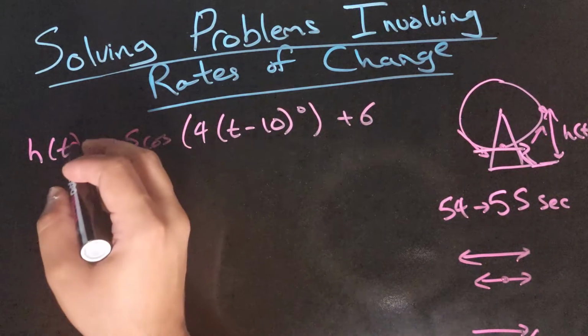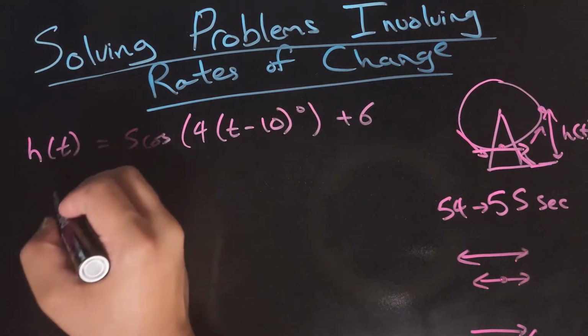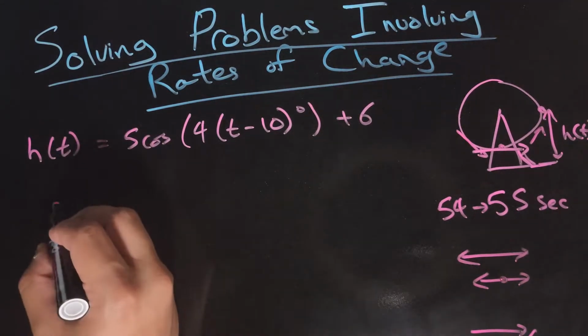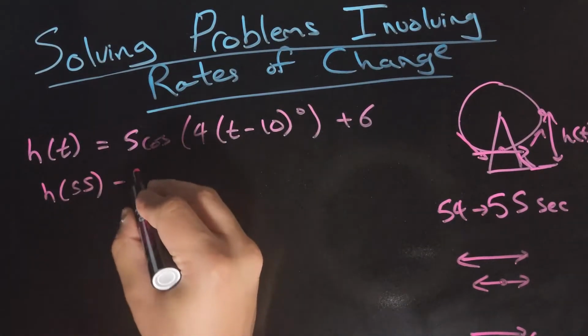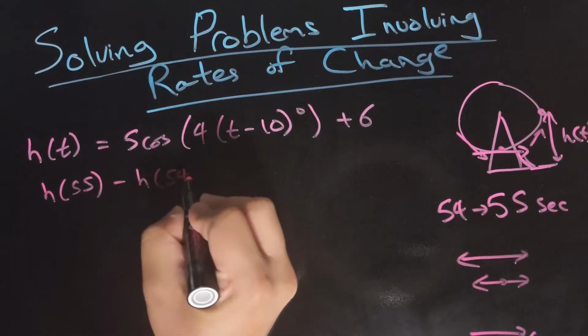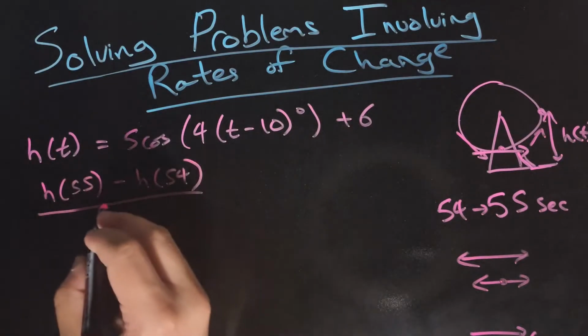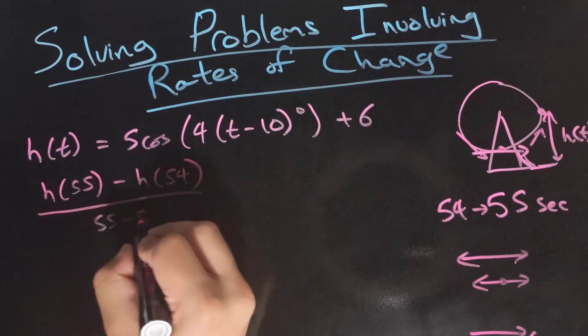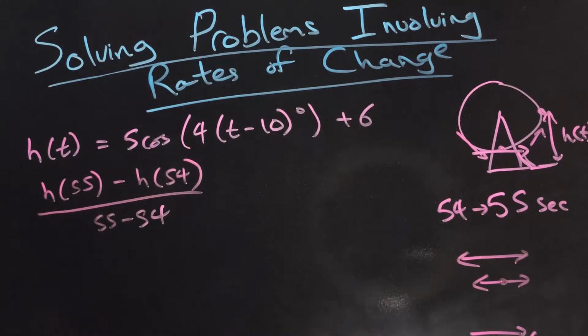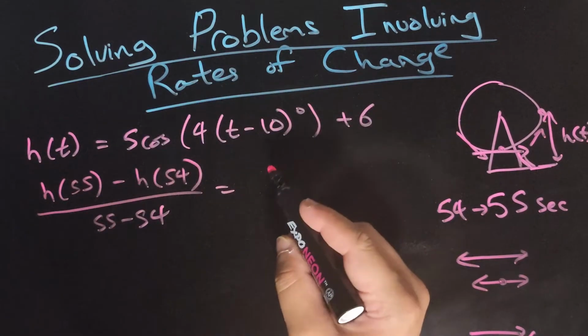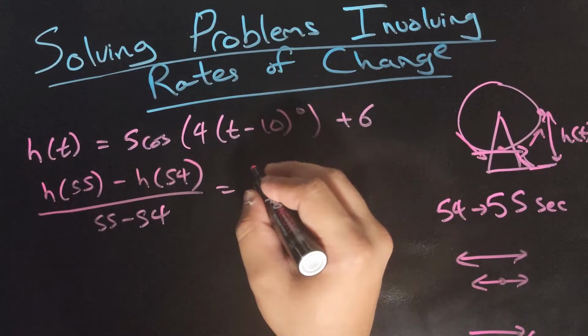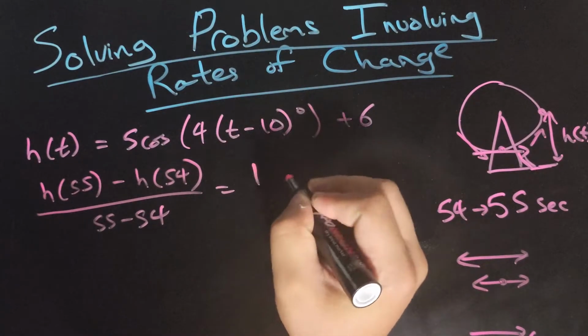So, let's look at the delta here. So we have h at 55 minus h at 54 over 55 minus 54. So if we plug in 55 into this in a calculator, we should get 1.